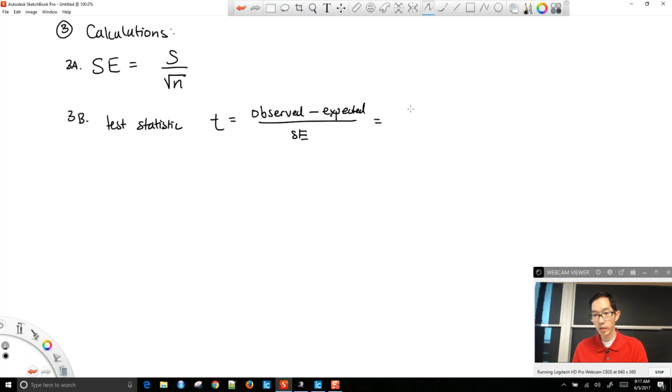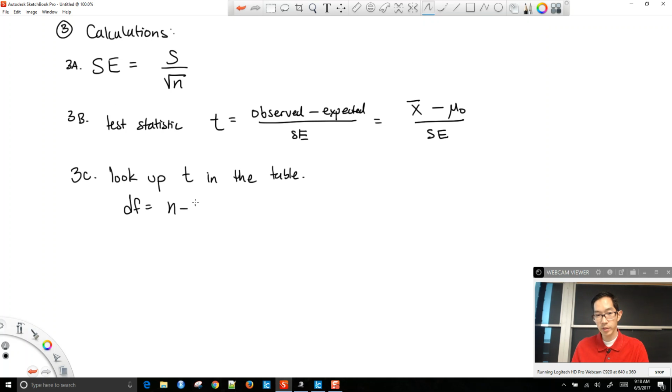So what we observed was x bar, what we expect is mu 0, and we divide by the standard error. Then we look up T in the table. Degrees of freedom we use is n minus 1.